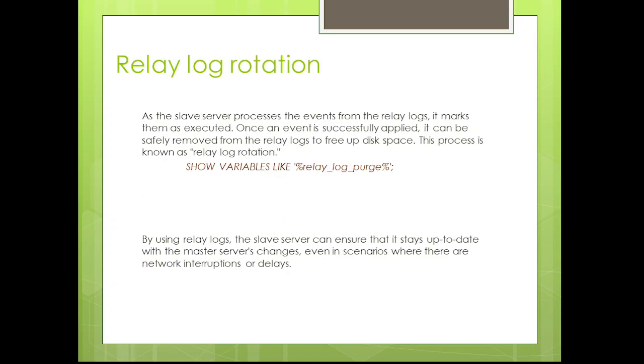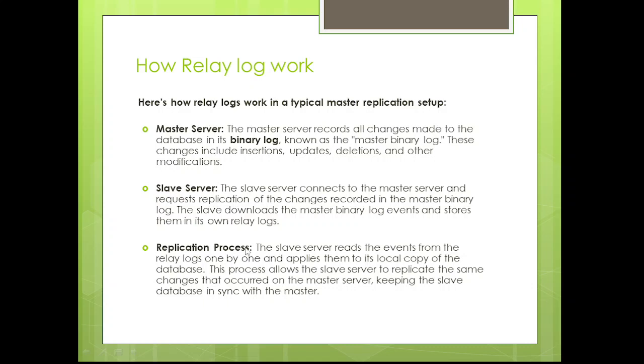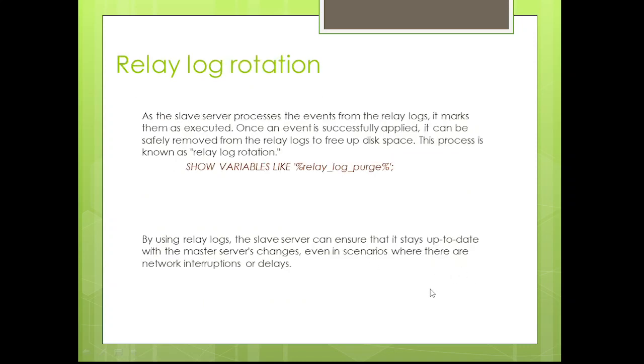So we have one other topic here, relay log rotation. So what's that? As the slave server processes the events from the relay logs, it marks them as executed. After every command is applied one by one, the relay log marks them as executed.